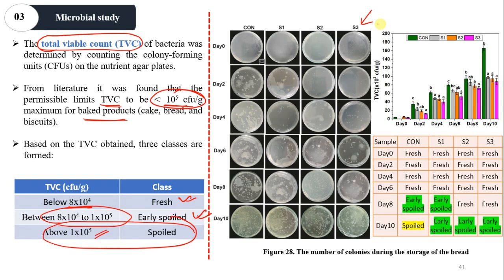But when you're talking about expiry, what the company does is that if they experimentally see that the bread gets spoiled after say 8 days, as in the control sample here, where early spoilage starts at day 8, then when you buy a bread, you will find it has an expiry date of say 2, 3 or 4 days maximum.